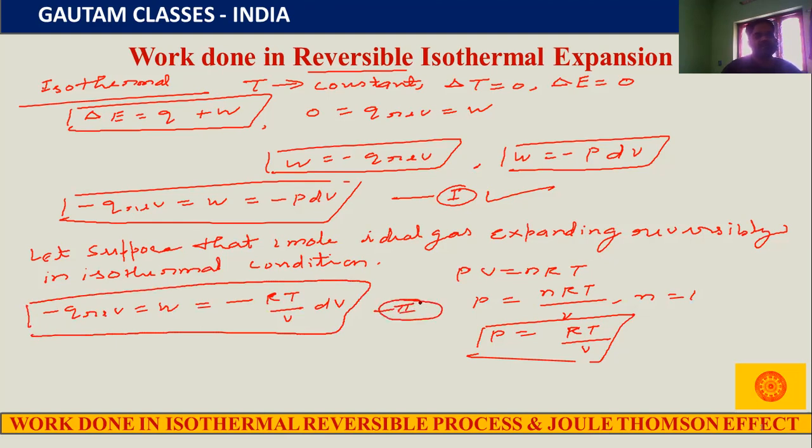Now I am going to integrate equation 2. For that expansion, I consider the initial volume as Vi and the final volume as Vf. So, integrating from Vi to Vf, RT by V dV.